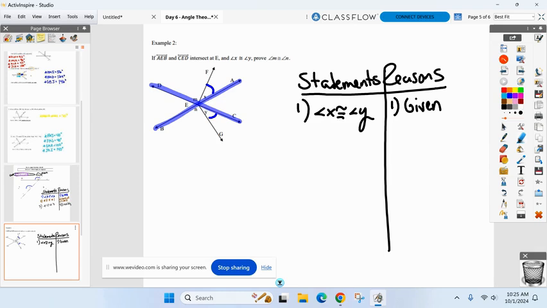So wait, midpoint, which is E. Where's the midpoint? I was going to say there's no midpoint here. Just kidding.